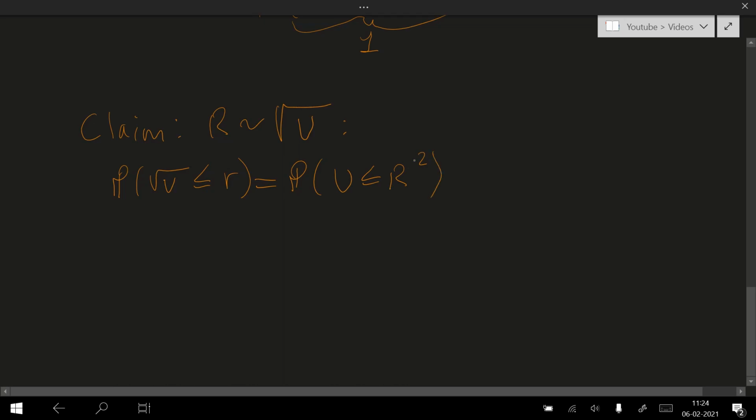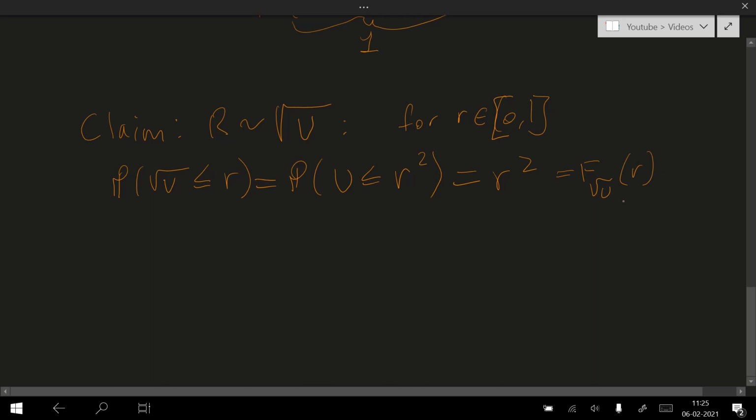I was using small r this time. R squared, which, since this is standard uniform, simply, at least for r in 0 to 1, will be equal to r squared. Now, this is the CDF of square root u taken in r.